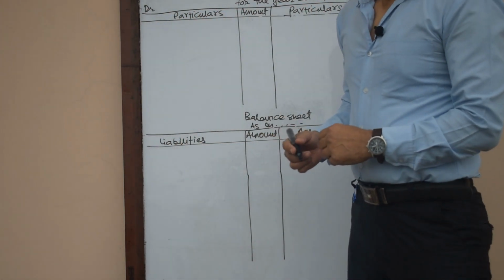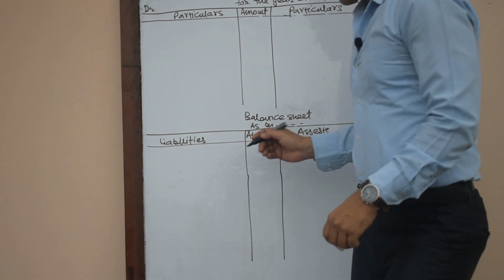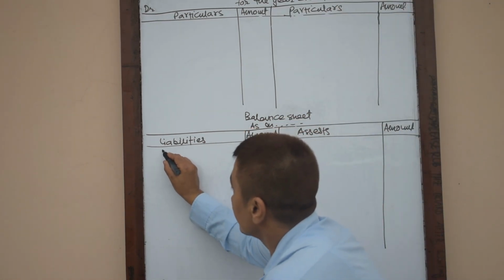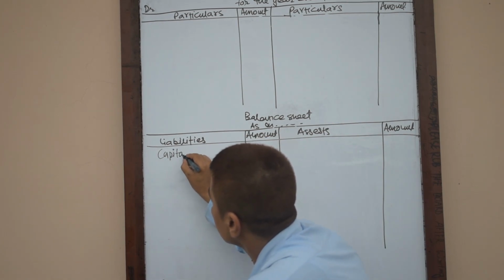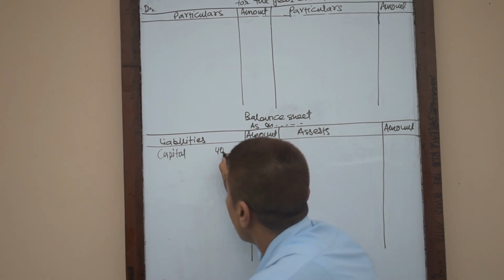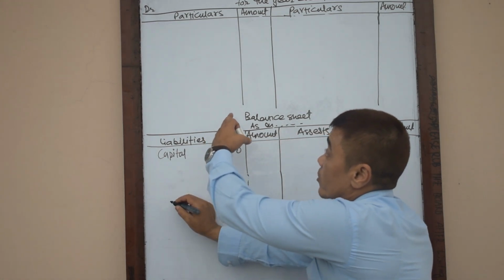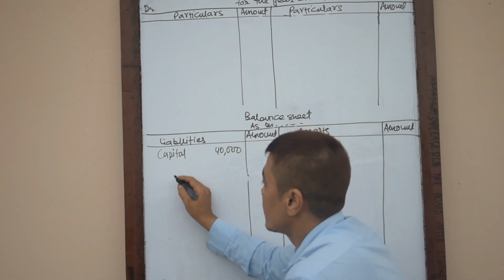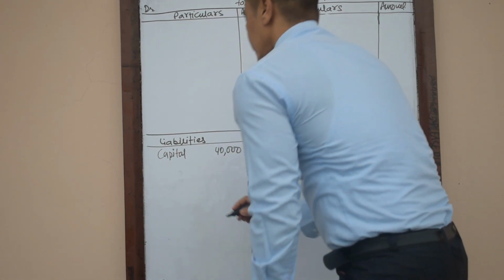capital fund. First of all, I can see here the capital fund is 40,000. So we'll write here capital 40,000. I'm writing this inside because after the surplus comes from the income and expenditure, I need to add it. That is why.